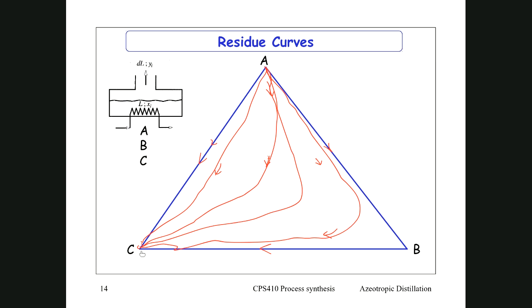Okay, so that is a saddle point where B is, unstable node where A is, stable node where C is.